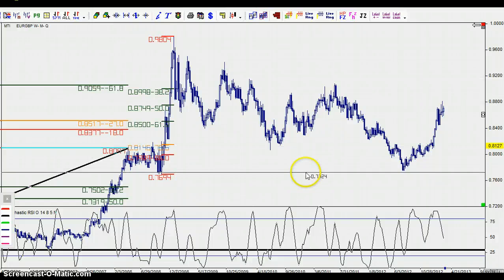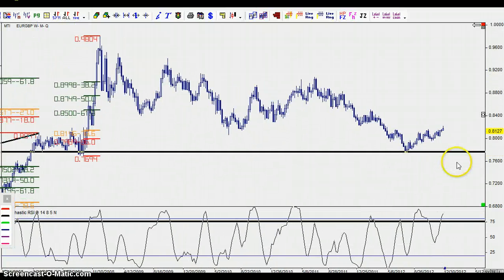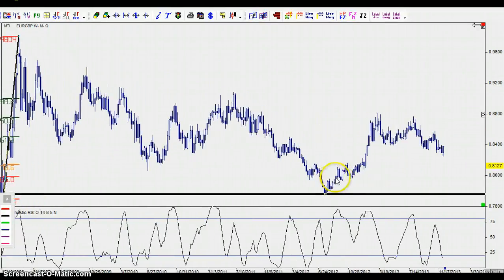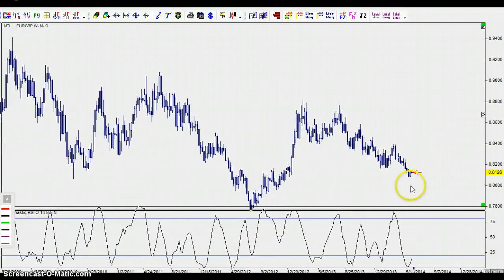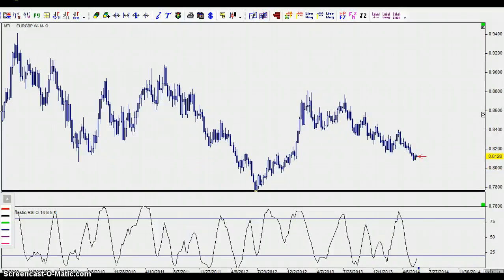Okay, so it hasn't taken out an A. It hasn't taken out an A. Has given us a really deep pullback, and it's heading back down. Interesting times. All right, let's just draw this trend line right here. So we're keeping an eye on this one.